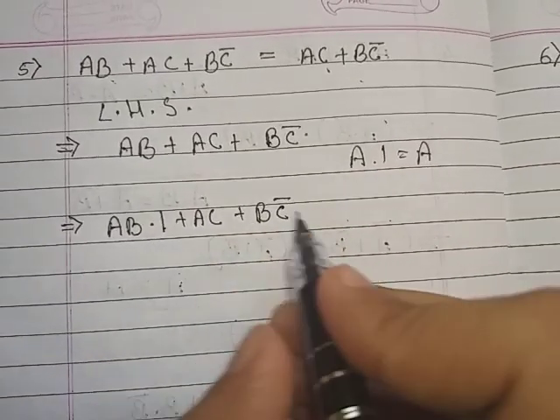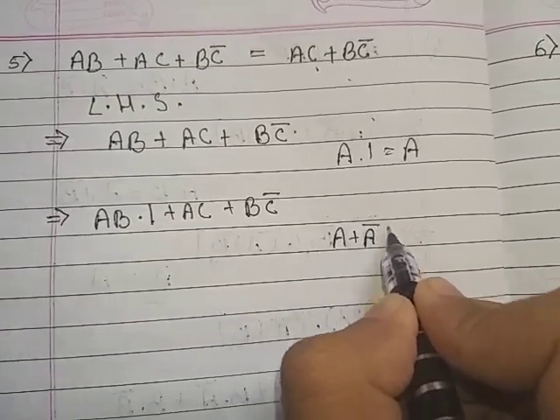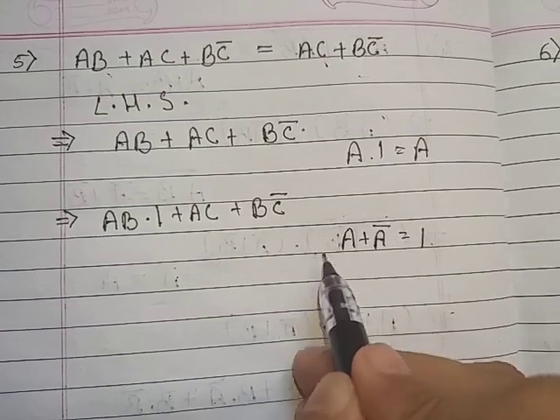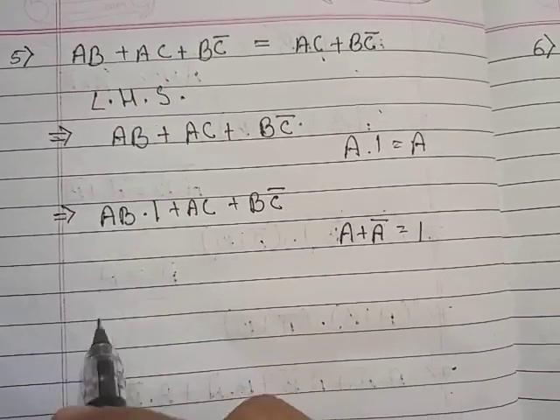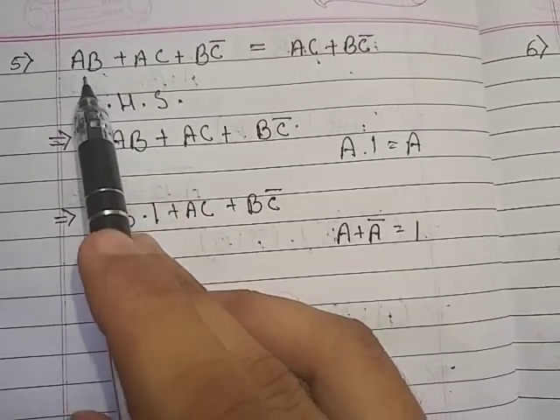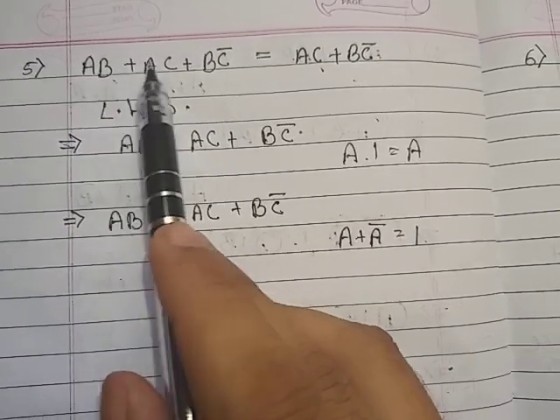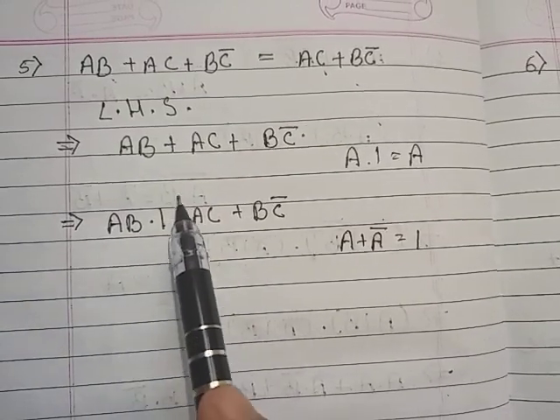Now, if I say A plus A bar is equal to 1, I am going to substitute this formula in place of 1. Now, which variable should be placed? First, we will identify the input variables. We have one A, second is B, and third is C. In this term, we have only A and B. C is missing.